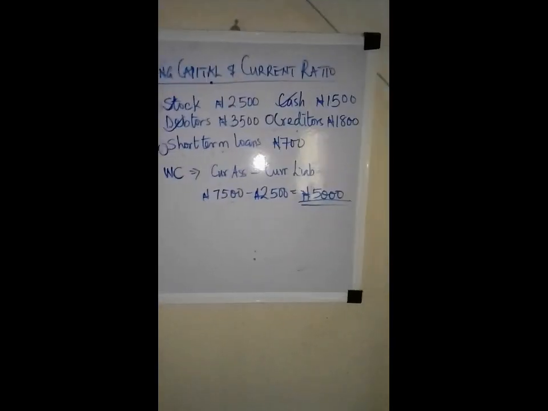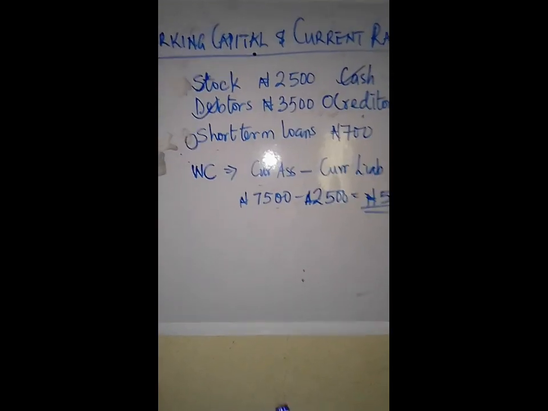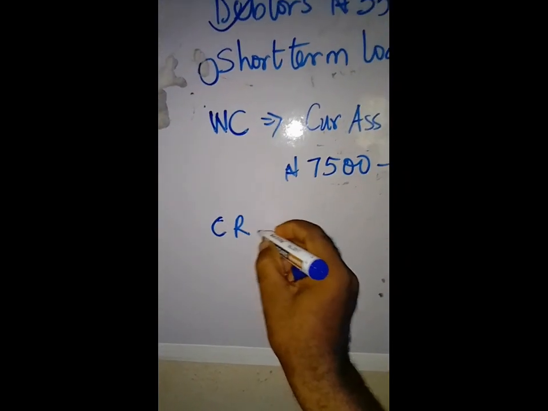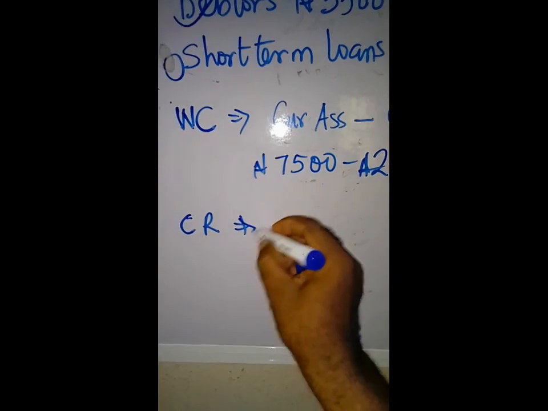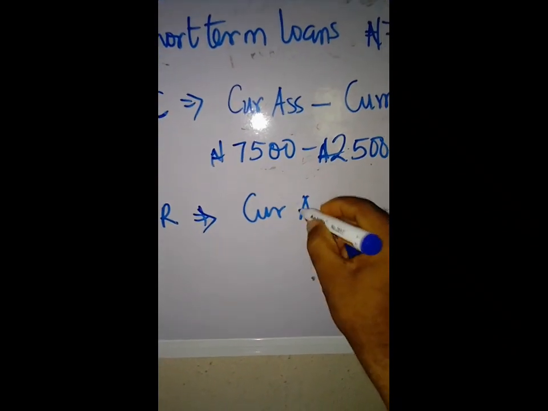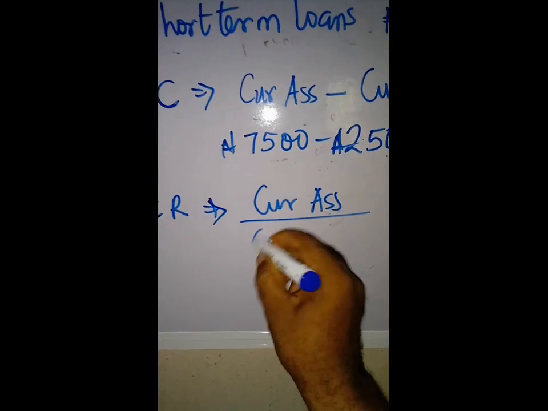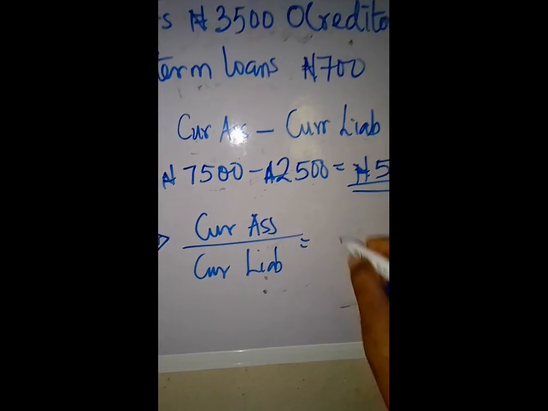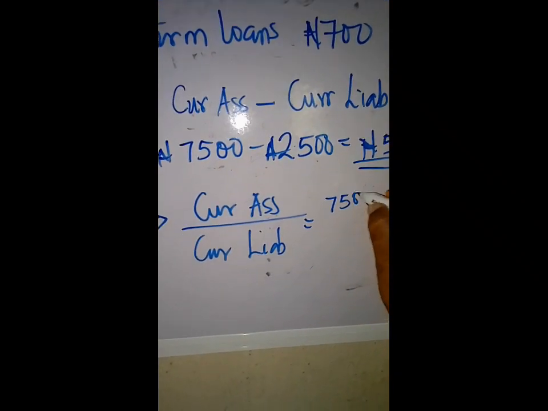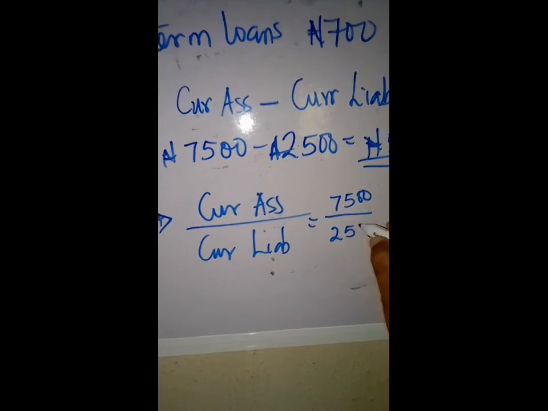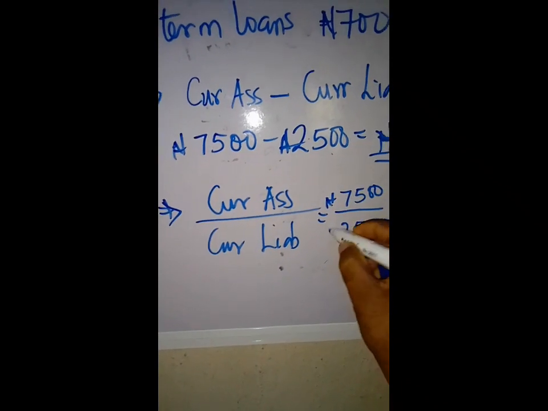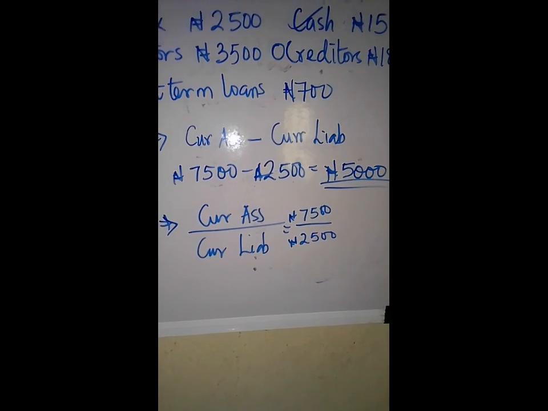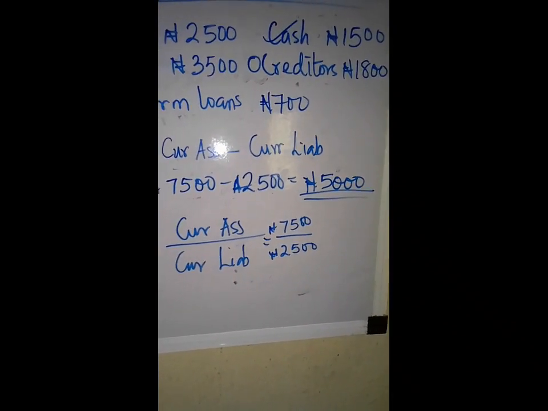That is it. Now, the next thing is calculating the current ratio. How do you calculate the current ratio? The current ratio says current assets all over current liabilities. So this means 75 all over 25.